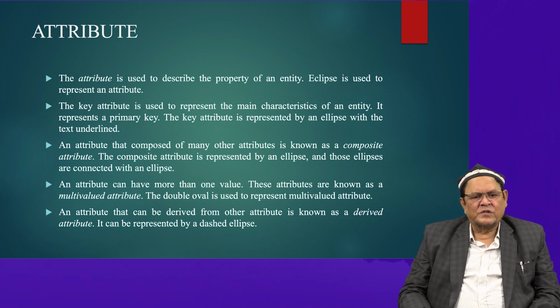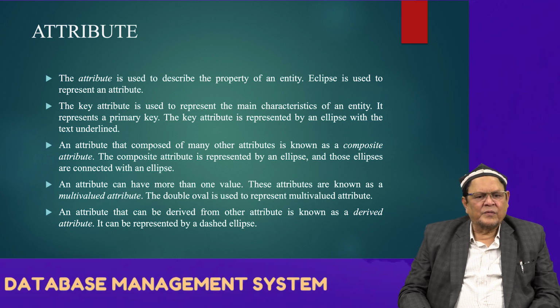An attribute that is composed of many other attributes is known as a composite attribute. The composite attribute is represented by an ellipse, and those ellipses are connected to another ellipse. Attributes can also have more than one value.